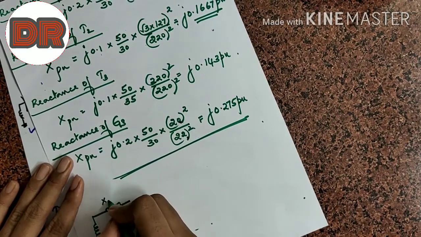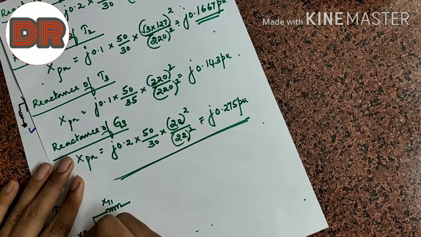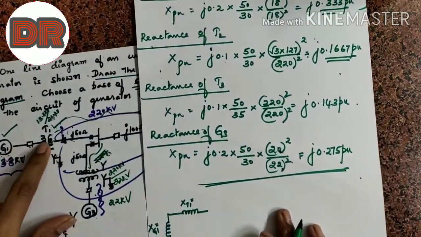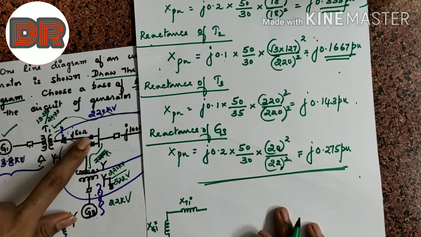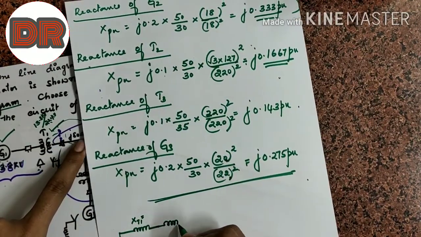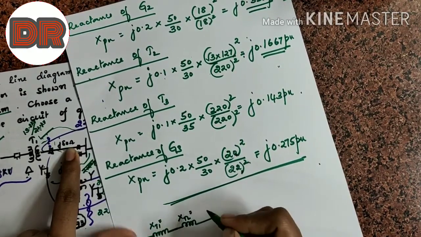This is for XT1. Let me write XT1. This is XG1. And after transformer T1, we have transmission line. So for transmission line, I have just a reactance. So it is XTL.